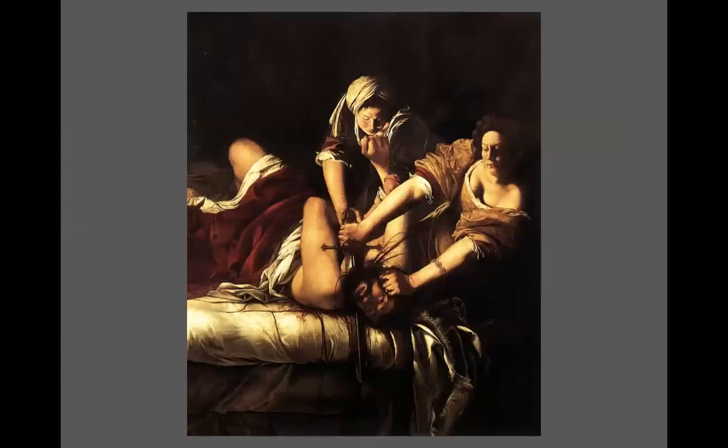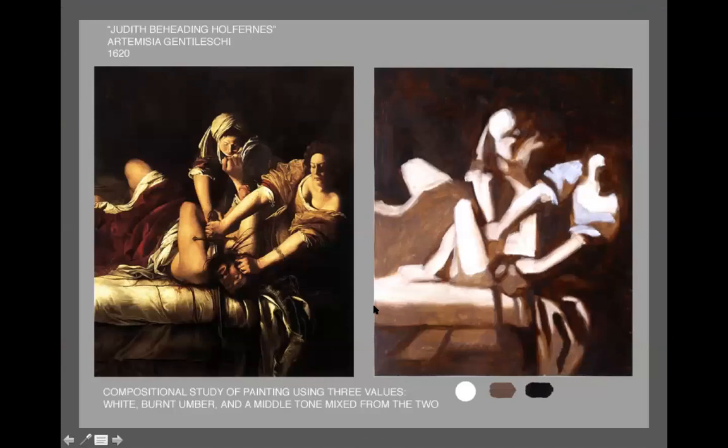Okay, so find a painting you love, and once you find that painting, I want you to do a simplified study of the painting, similar to this. So what the artist did in this is they simplified this painting into just 3 values: white, middle, and black.